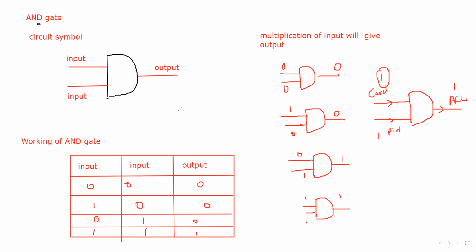When you insert a card and enter a PIN, because ATM machines need electricity to work, when you press the button it generates a specific current, so it is generating an input. Is it clear, this part, the AND gate?